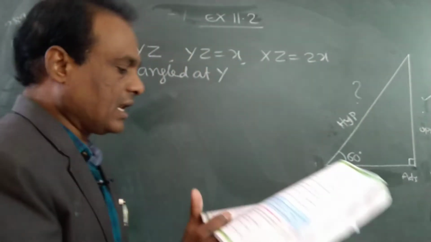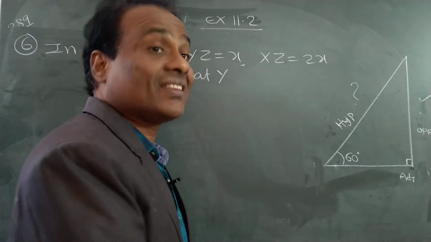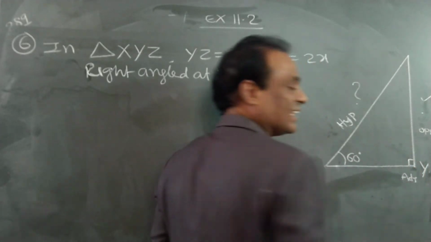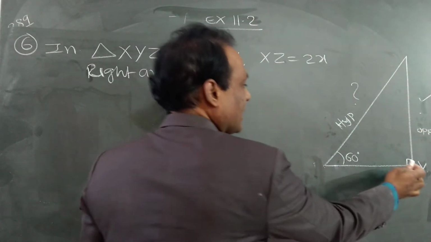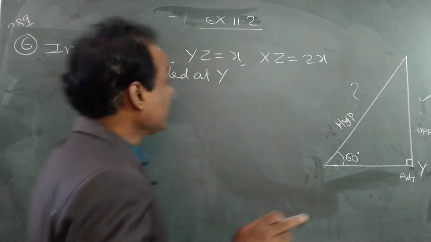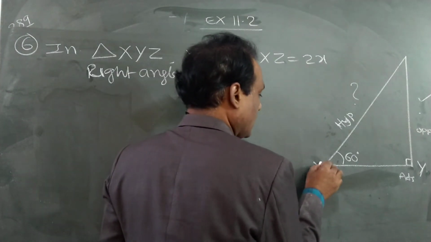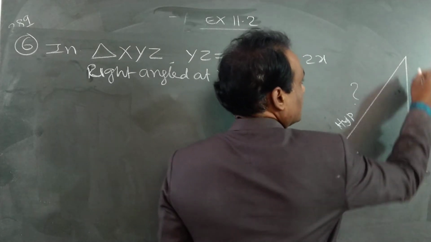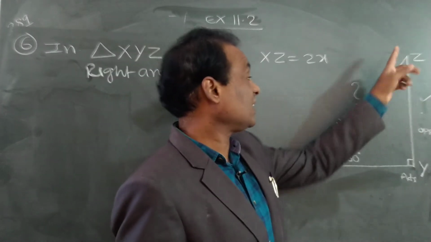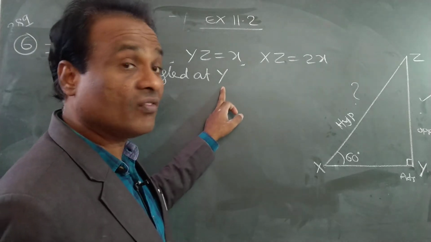So what is the triangle XYZ? Right angled at Y. Y is 90 degrees, so you write Y here. You can't take this as Y or that as Y. Y is 90 degrees. See, right angled at Y. Where is the 90 degrees?